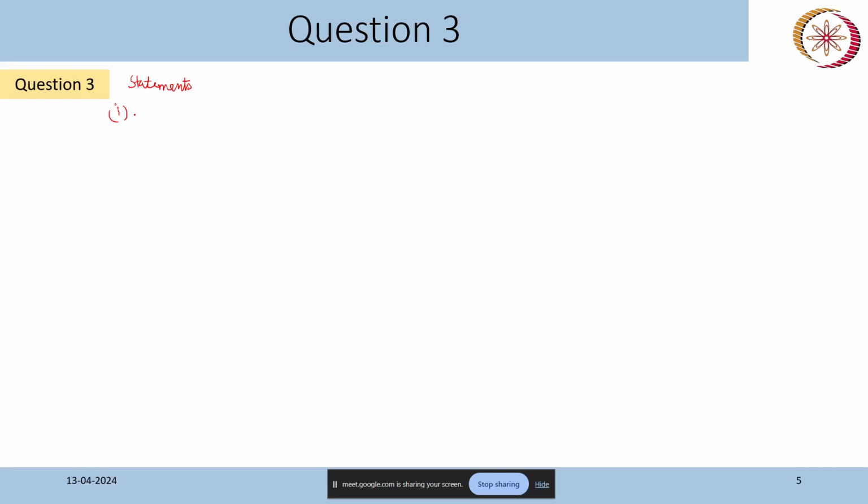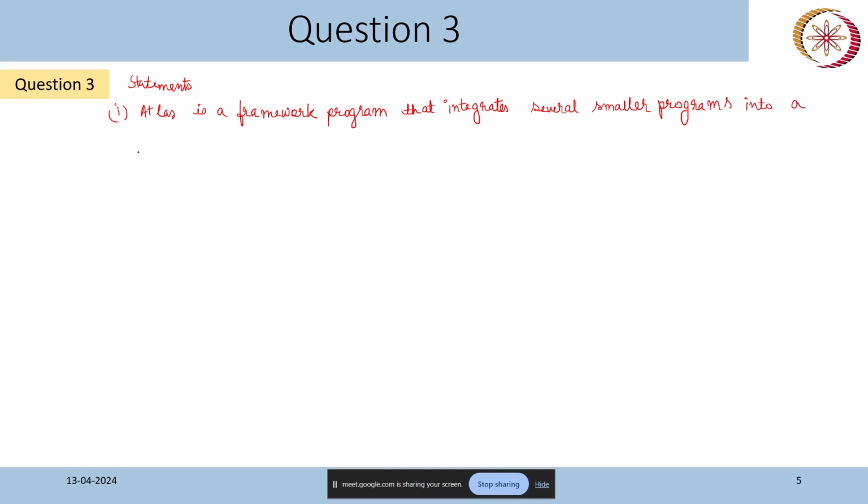The first statement is, Atlas is a framework program that integrates several smaller programs into a complete process simulation tool.